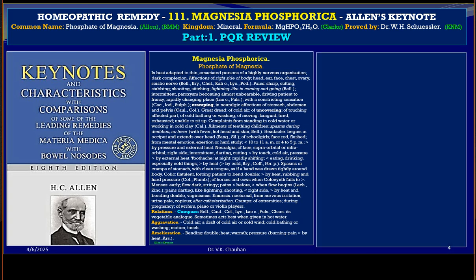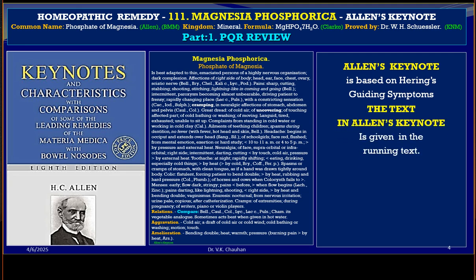Now, if you try to understand from where this text has come, you will find it is based on Hering's Guiding Symptoms, and it is given in running text. But in Hering's Guiding Symptoms, there are 48 chapters, or sections, or headings, under which this drug has been discussed, and it uses 4 grades to represent each symptom.